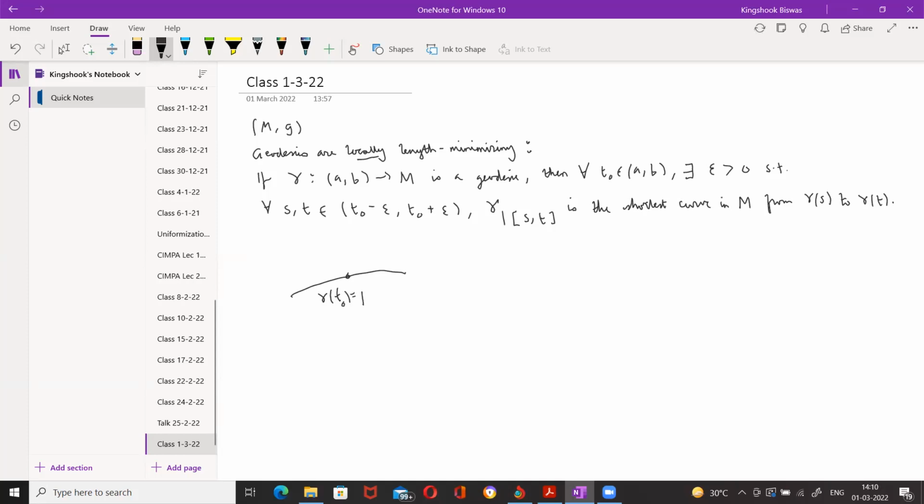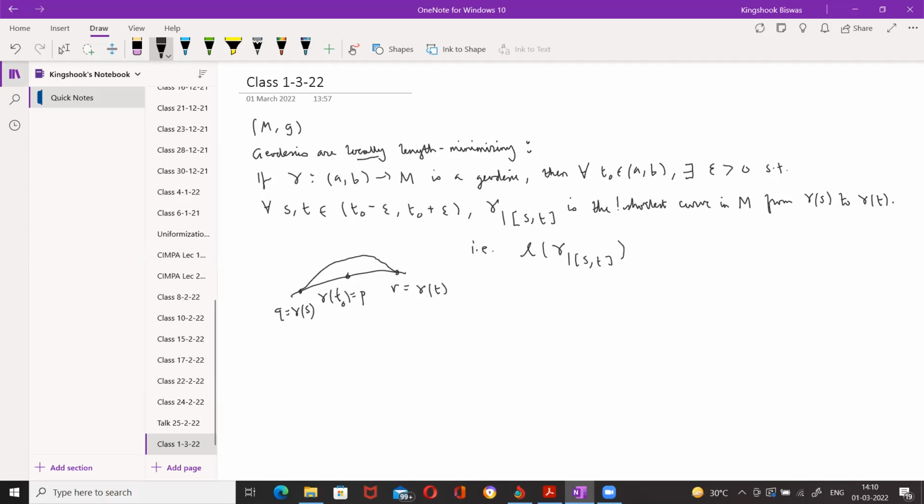So I can call this P. And here you have, let's say, R is equal to gamma T and Q is equal to gamma S. So then this geodesic is the shortest length curve from gamma S, from Q to R. So that means, in other words, gamma restricted to ST is the unique shortest curve.